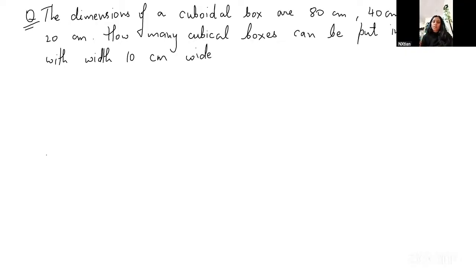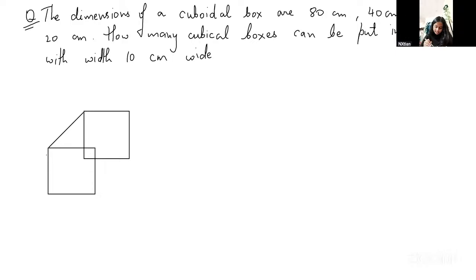Try to understand the question now. We have a cuboidal box, a box which is a cuboid. You don't have to draw the diagram here. If you want to, you can. It's up to you.